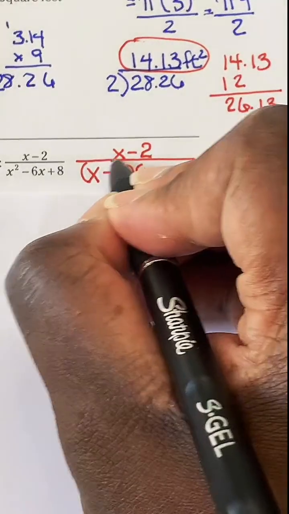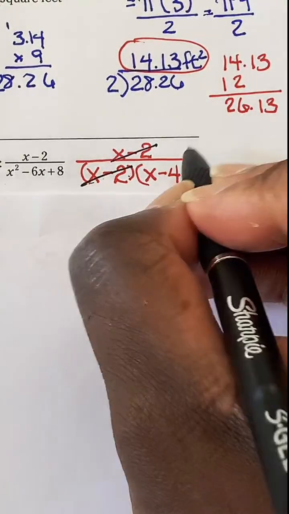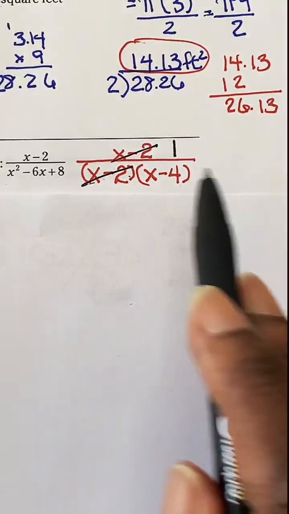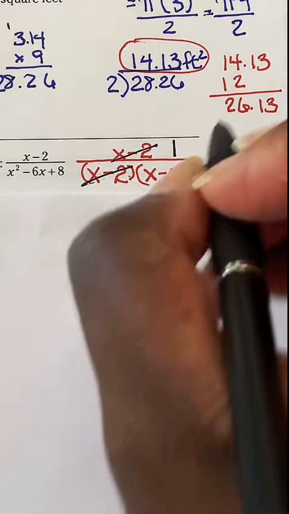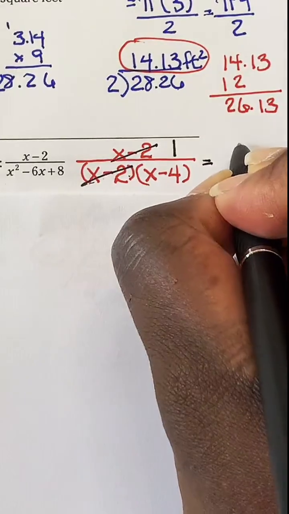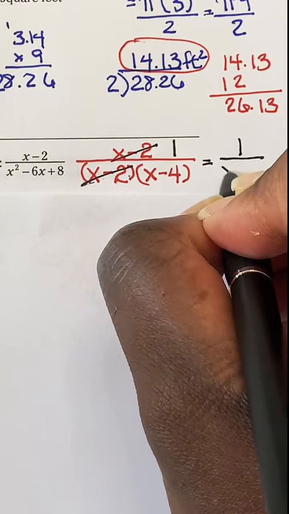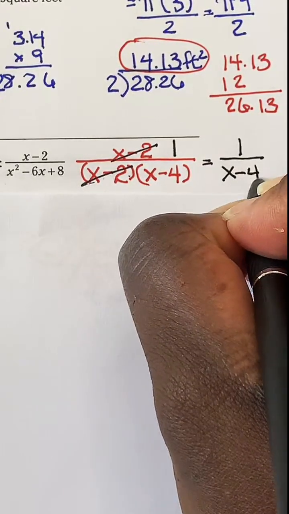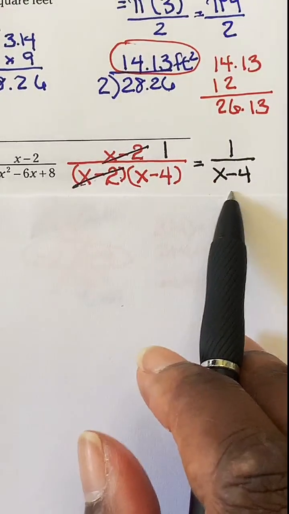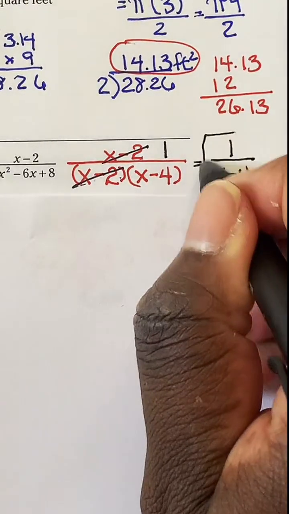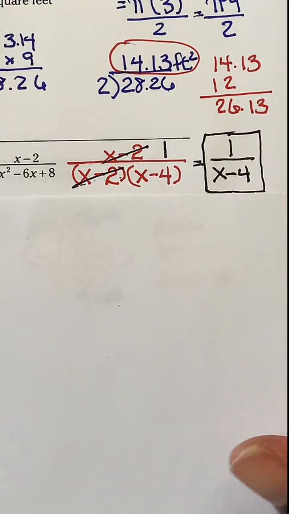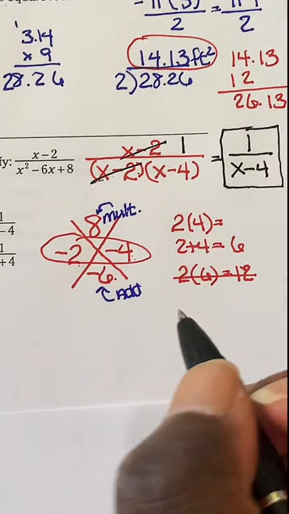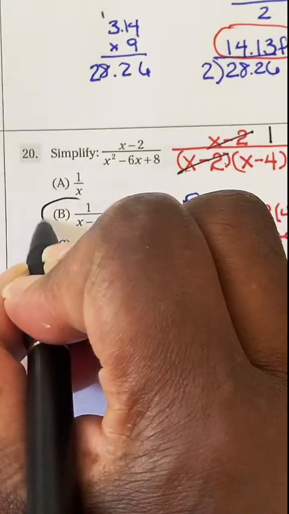They cancel out to give me a 1. Something has to be in the numerator. So that means my answer is 1 over x minus 4, because that's what was left over. So my answer is going to be B.